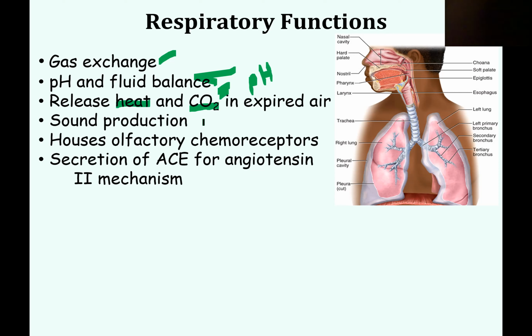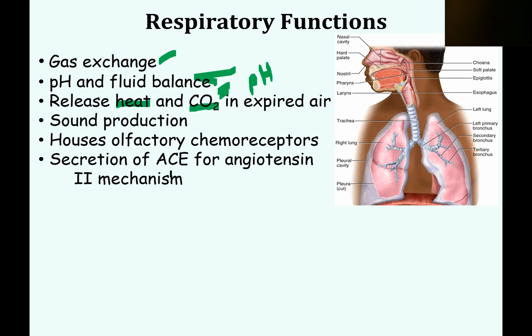Sound production. The nose houses our olfactory chemoreceptors. Our sense of olfaction is our sense of smell. It's linked to our sense of gustation, which is our sense of taste.